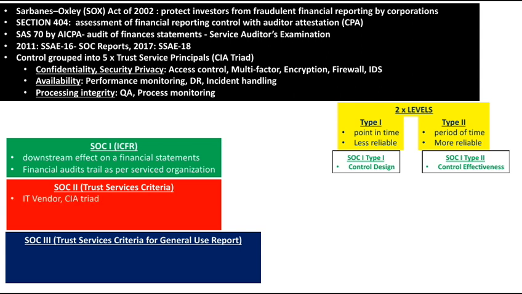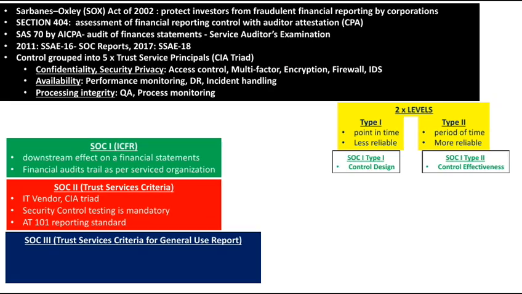Now the SOC 2 reports are based on the trust service criteria, and these are used by IT vendors, and these are based upon the CIA triad, which I have discussed earlier. So the control testing is mandatory for SOC 2 reports by the independent auditor, and these SOC 2 reports are based upon the reporting standard AT101.